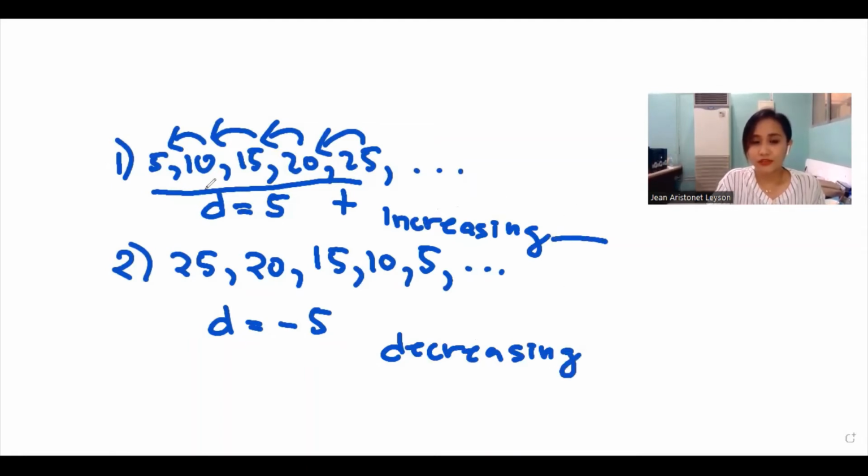Increasing, by the way, is from lowest to highest, or from a low number to a higher number. Decreasing is from a high number going to a low number. If the arithmetic sequence is decreasing, our common difference is a negative number. Take note of that, okay?